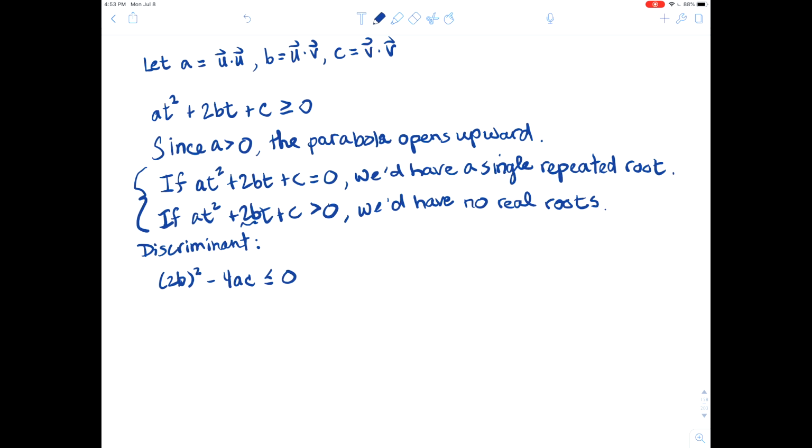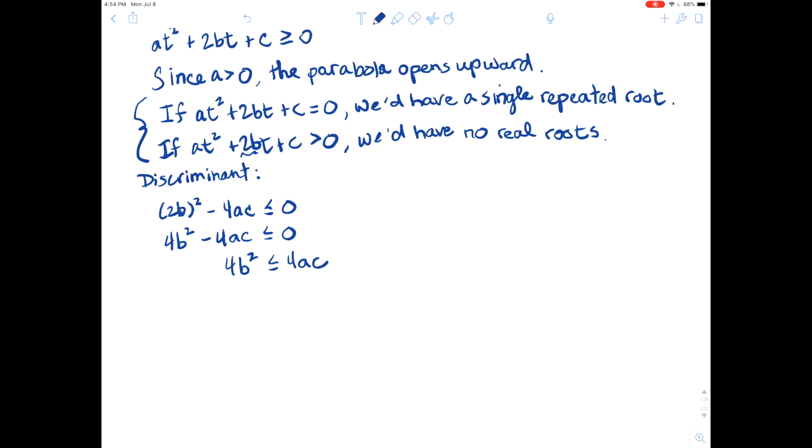And so that would give us 4b squared minus 4ac is less than or equal to 0. And so 4b squared would be less than or equal to 4ac, the 4's divide out. And then what were our B and A and C?